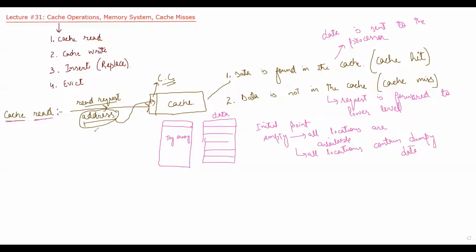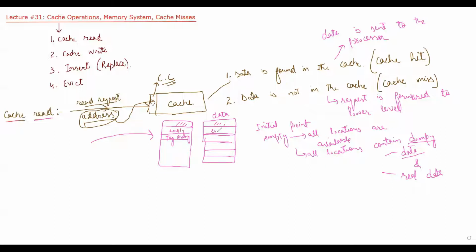Okay. Now let's suppose my request comes here to the cache, and this request will find dummy data in this particular entry or any entry. But how will my cache controller know, how will it differentiate between the dummy data and real data? Let's suppose this entry contains data and this entry is empty.